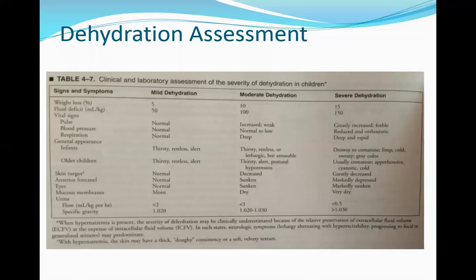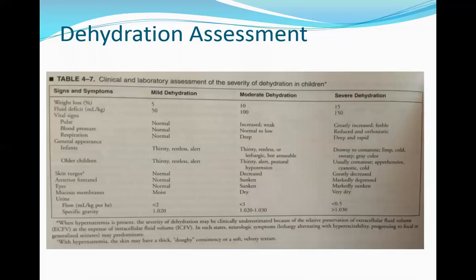For general appearance in infants, you can expect them to be thirsty, restless, or lethargic, but arousable. Older children may be thirsty, alert, and have postural hypotension. Skin turgor decreased, anterior fontanelle and eyes sunken, mucous membranes dry, with a decrease in urine output to less than 1 milliliter per kilo per hour, with a higher specific gravity.